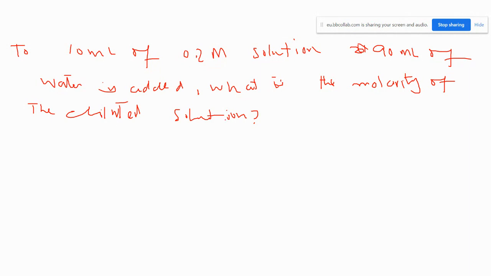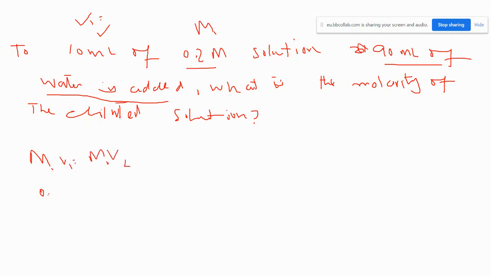So now we have 10 ml solution 1, V1. M1 is this one, we know it. 90 ml of water is added. We are not talking about solution, we talk about water. This is our solvent. The molarity we will find: M1 V1 is equal to M2 V2.